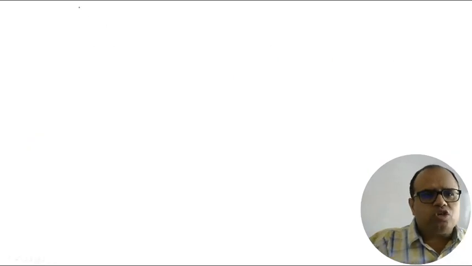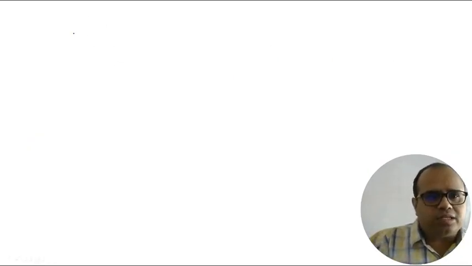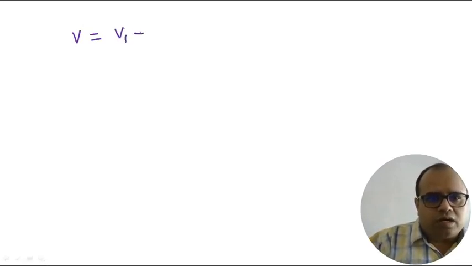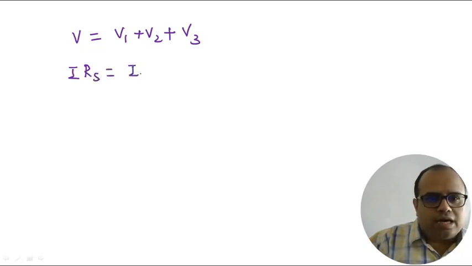So I am going to rewrite these equations here. V is equal to V1 plus V2 plus V3. Let's substitute these values. You know the value of V we just wrote, V is equal to IRS, which is equal to IR1 plus IR2 plus IR3.